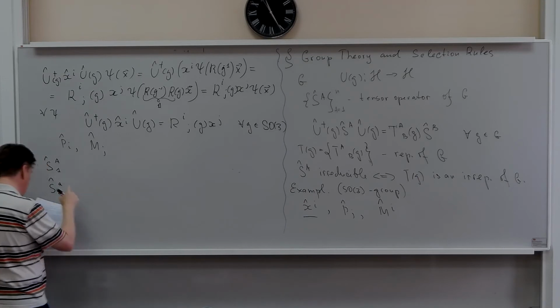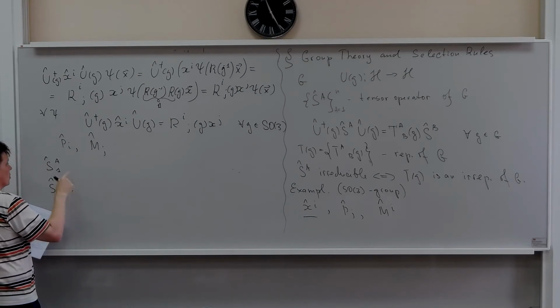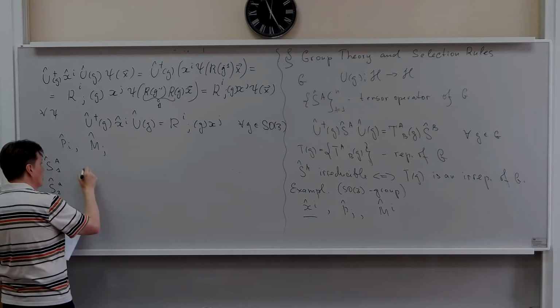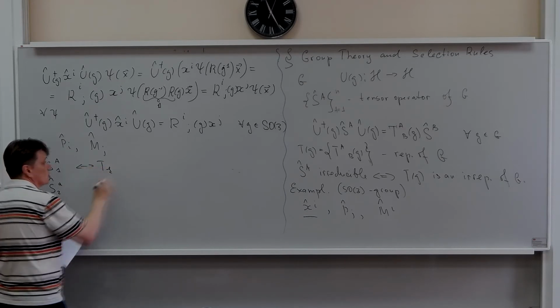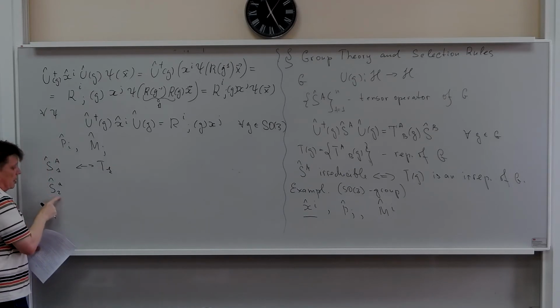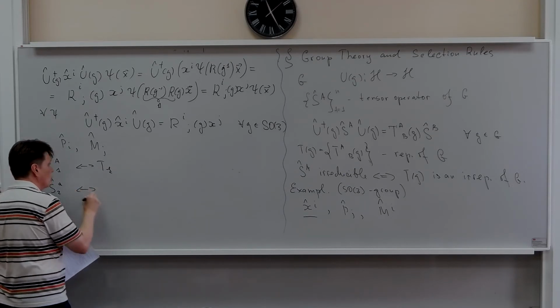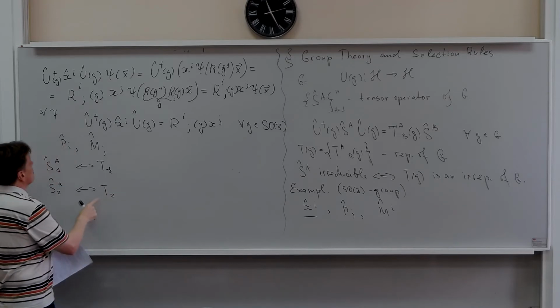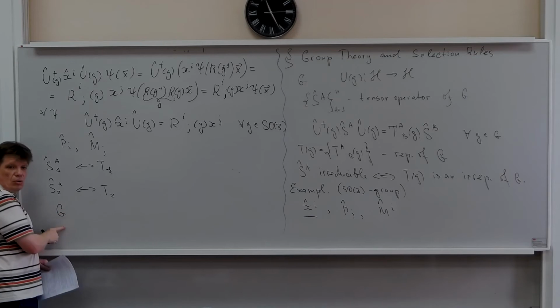And suppose that the first tensor operator S1 transforms according to the representation T1, and S2 transforms according to some representation T2 of one and the same group G, right?